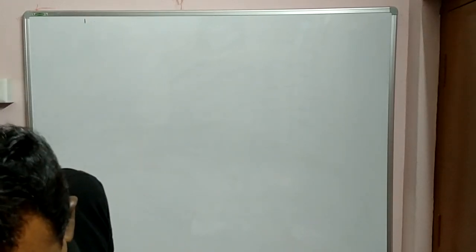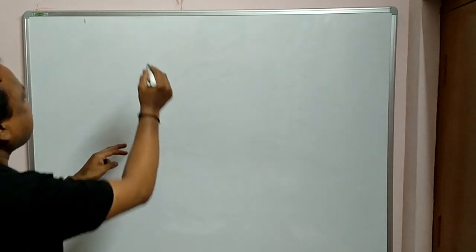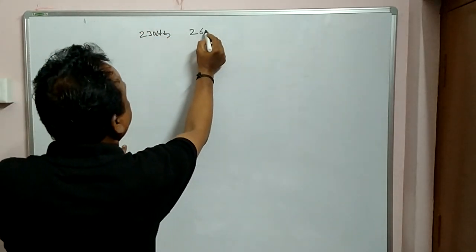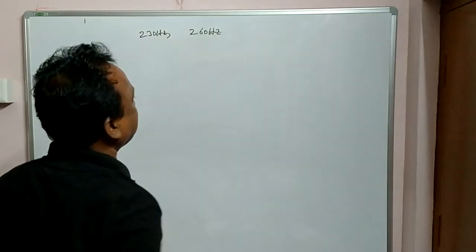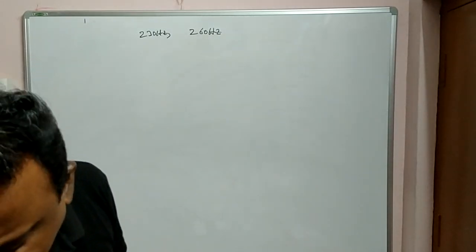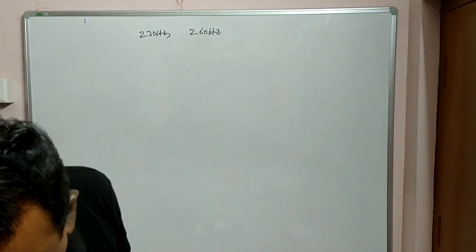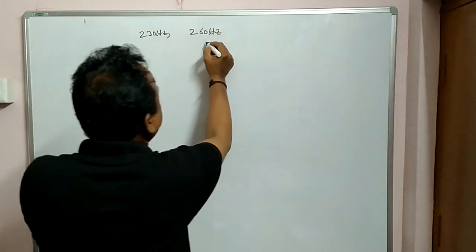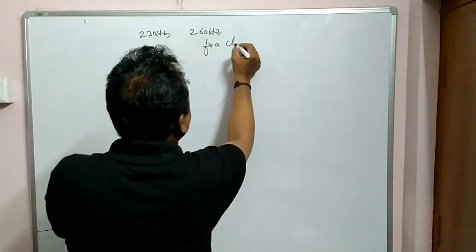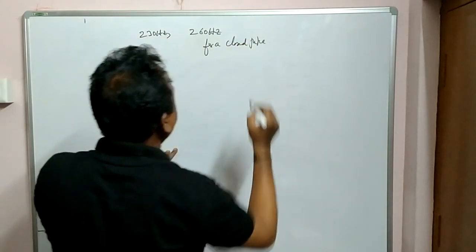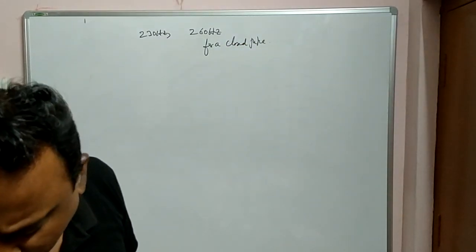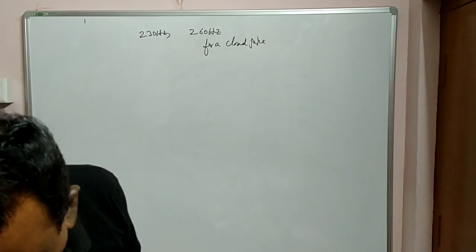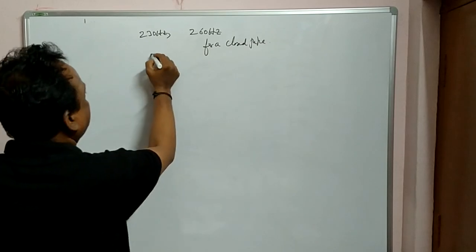For example, let us take some values: 230 Hertz and 260 Hertz. These are the two frequencies obtained, for a closed pipe. Now he is asking, what is the fundamental frequency of this closed pipe?